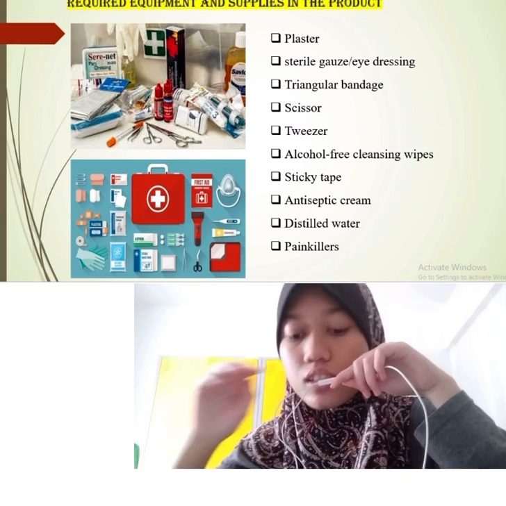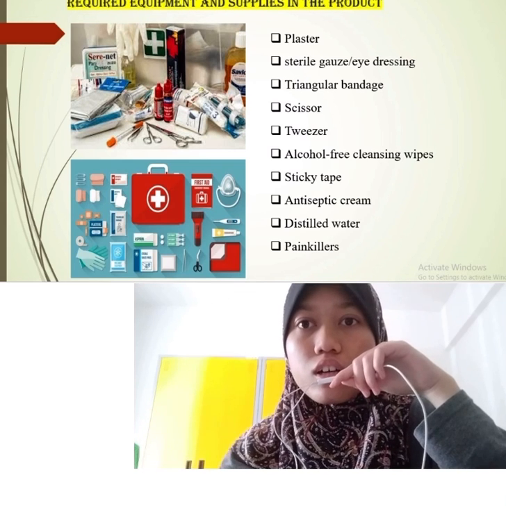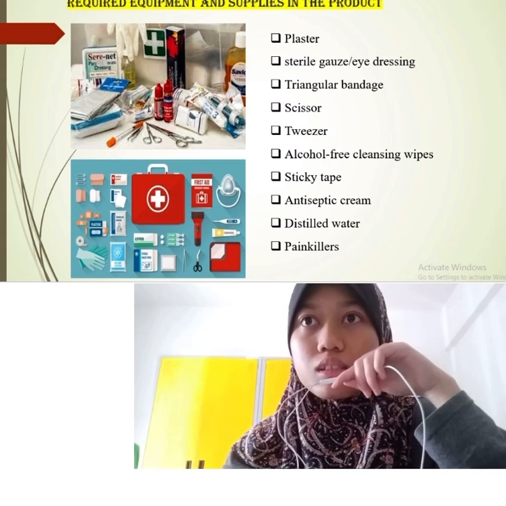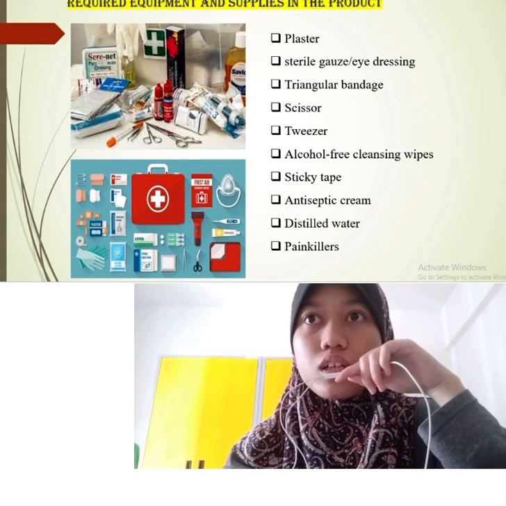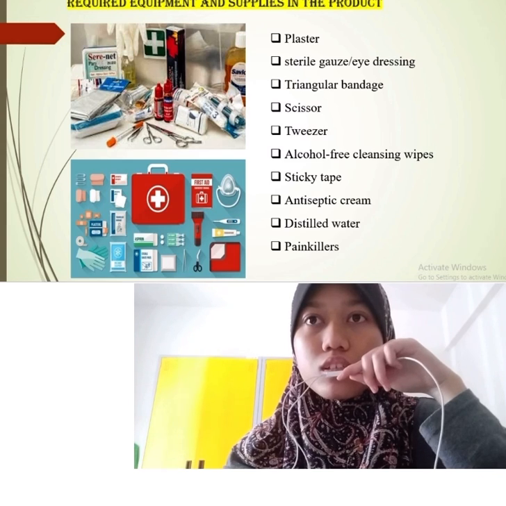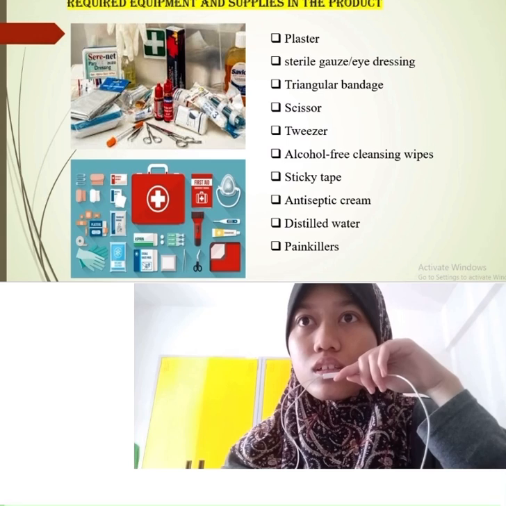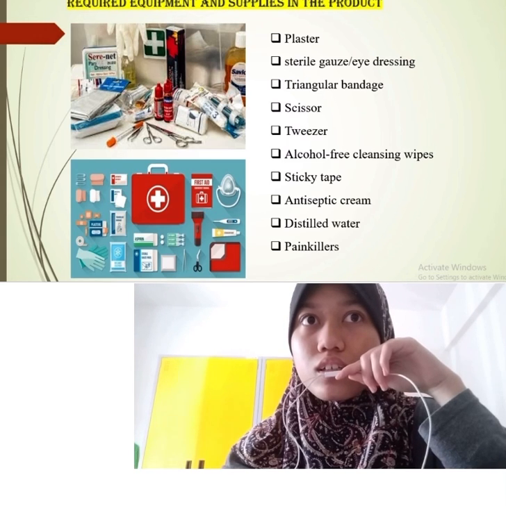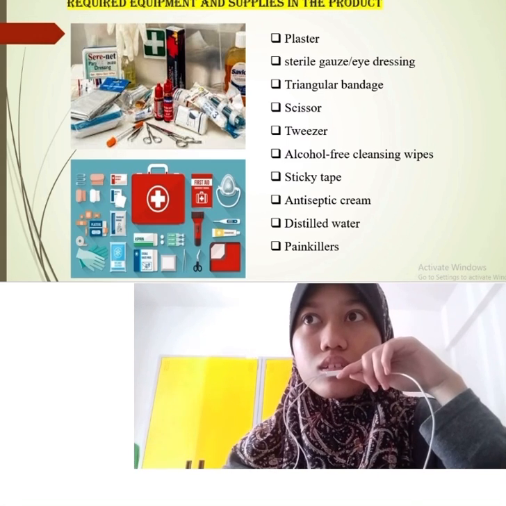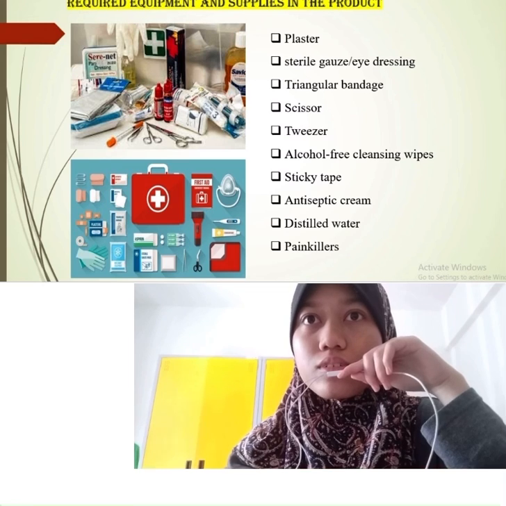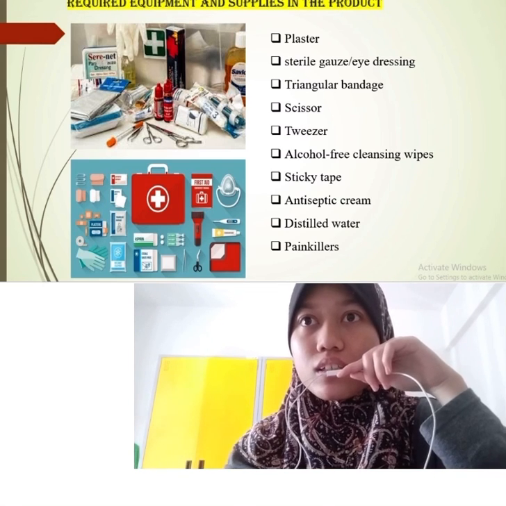Since our learning uses a lot of tools that are harmful for us, plaster is a must-have. We have different shapes of plaster, which are square, circle, and the most common that we use is the rectangular one, but the side of it has a shape like a hemisphere.